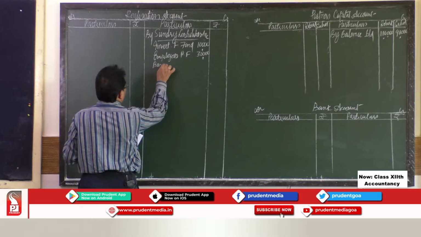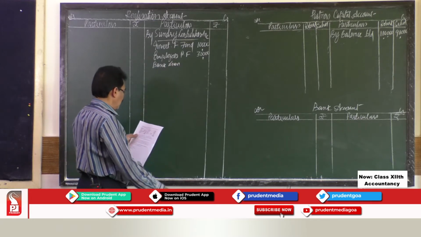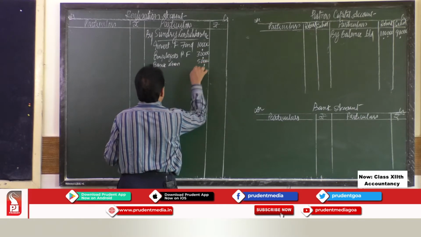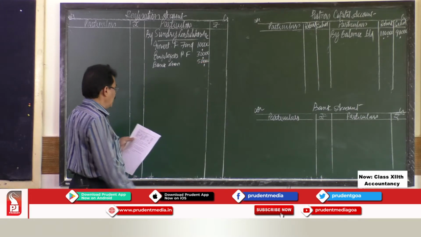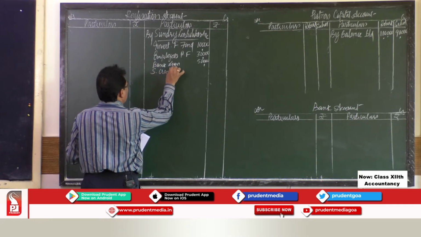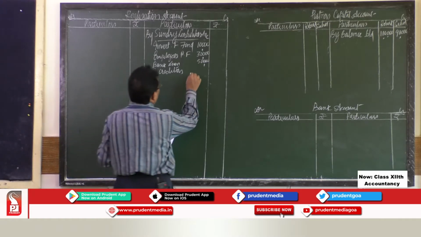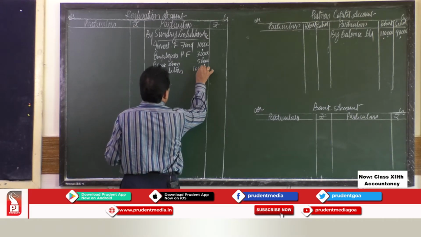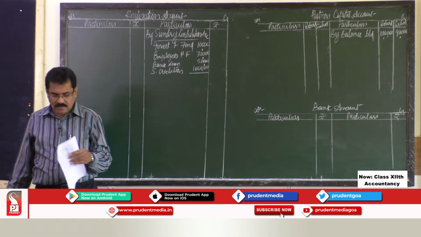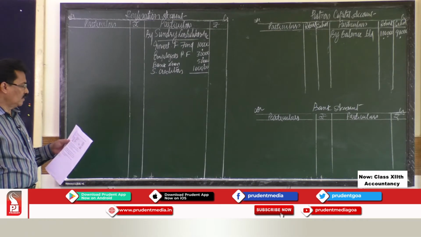Bank loan is also an external liability, that is 50,000. Then sundry creditors, rupees 1 lakh. So these are the items given on the liability side of your balance sheet.